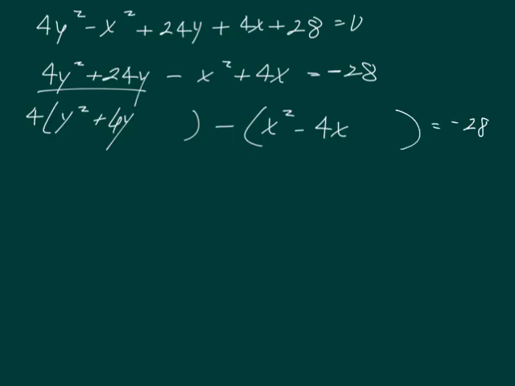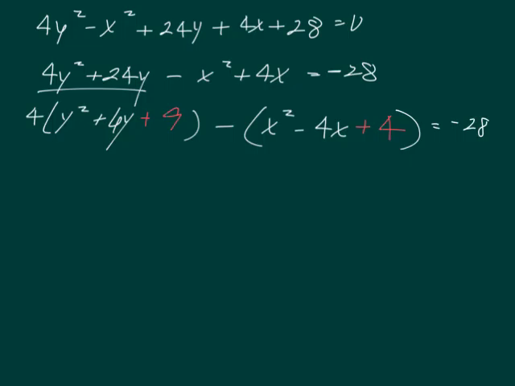Okay, so let's go ahead and do our completing the square here. We know that this term right here is going to be half of 6 squared, which is 9, and the term over here on the other side is going to be plus half of 4 is 2, squared is 4. Before we get too far, since we added those two numbers that I have in red, we need to add those over here to the minus 28.